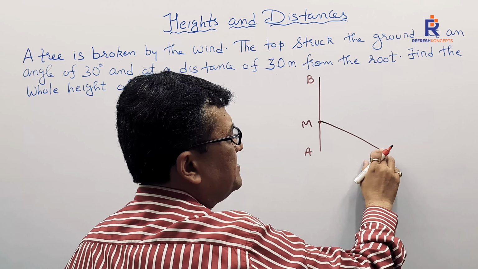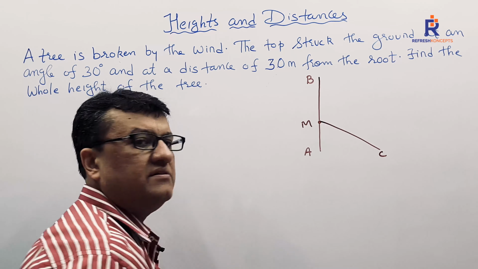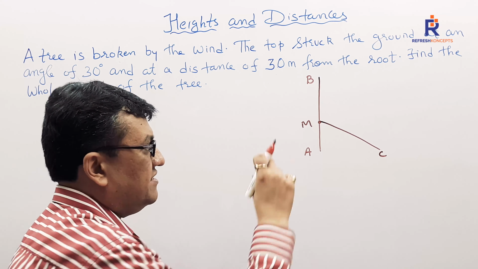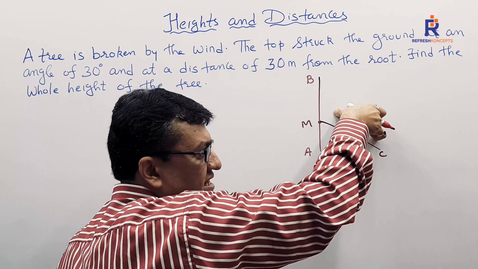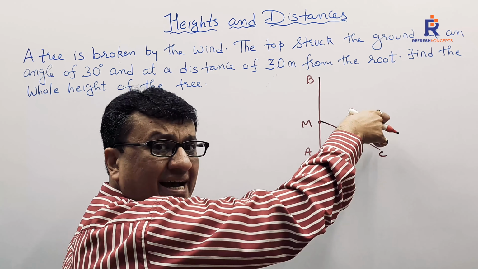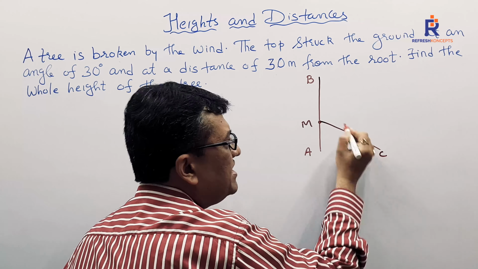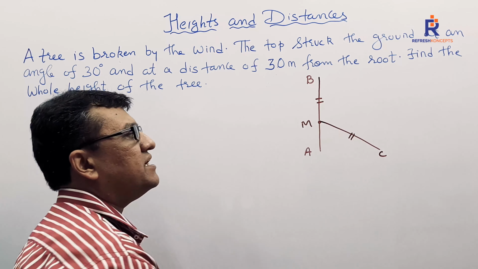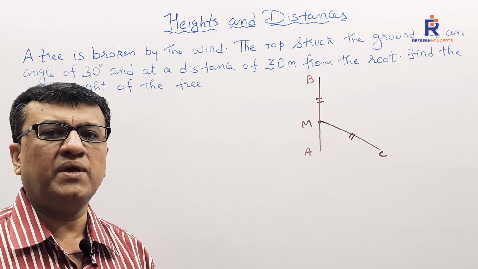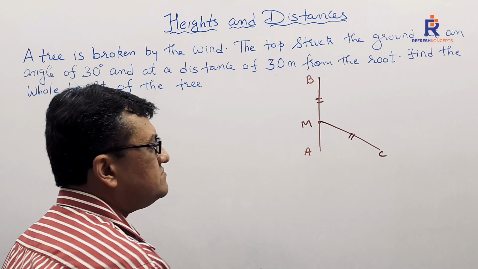So let me say this is MC. MB is striking the ground, so don't you think it is the same length? So MC and MB are equal.